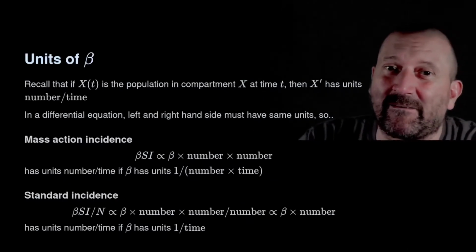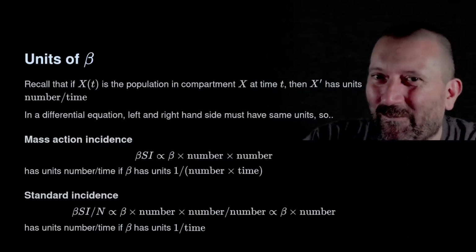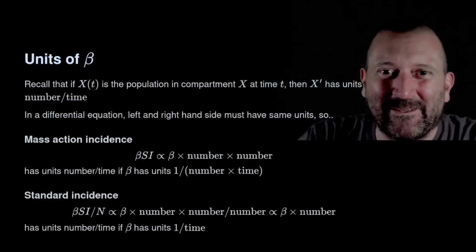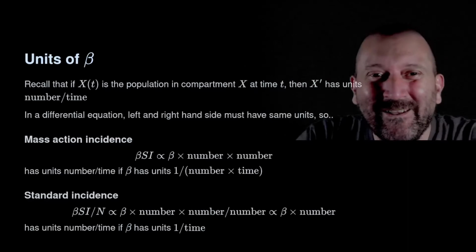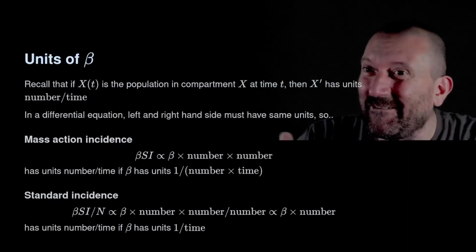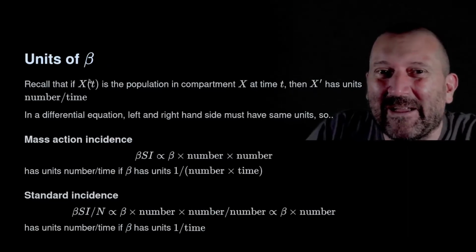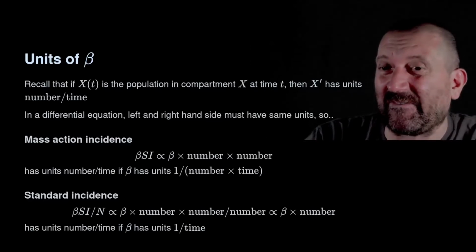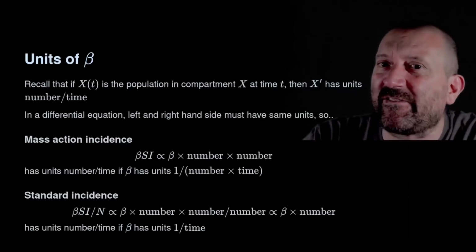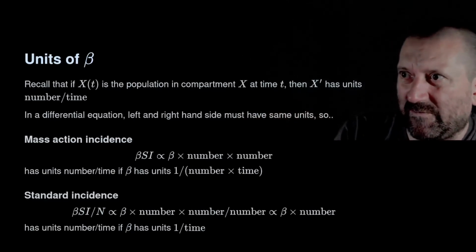And let me just make a remark here. This is more for the math people in the audience than for the more practical people. Units are important sometimes. If I have x of t, the population in a compartment at time t, then x prime, the derivative, has units of number per time.